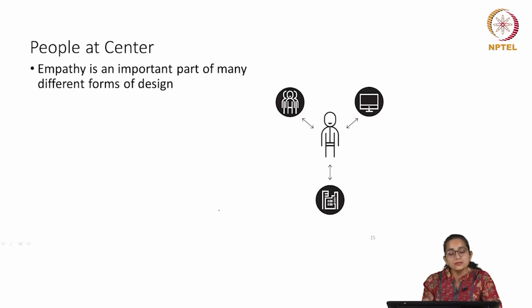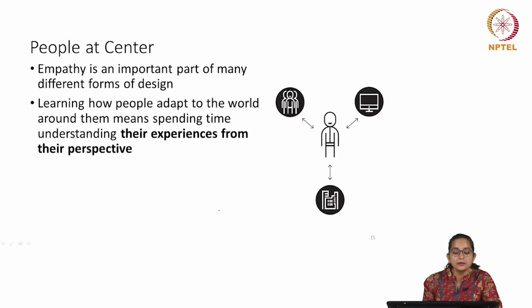So empathy is an important part of many different forms of design, and learning how people adapt to the world around them means spending time to understand their experiences from their perspective. So this is very important.